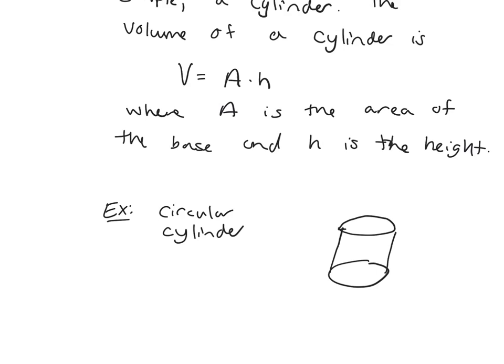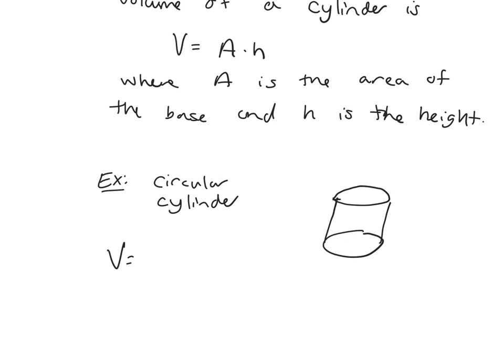And the volume, well, the base of a circular cylinder, part of its name is circle. The base is a circle. What's the formula for the area of a circle? Pi r squared. And so the volume is going to be pi r squared times h.